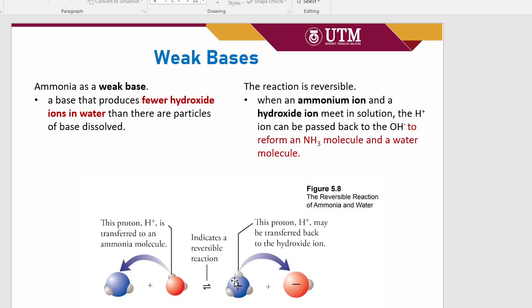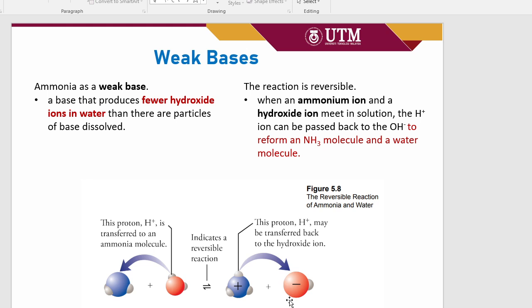Weak bases such as ammonia produce fewer hydroxide ions in water than the amount of base dissolved. The reaction is reversible when the ammonium ion and the hydronium ion meet in the solution.